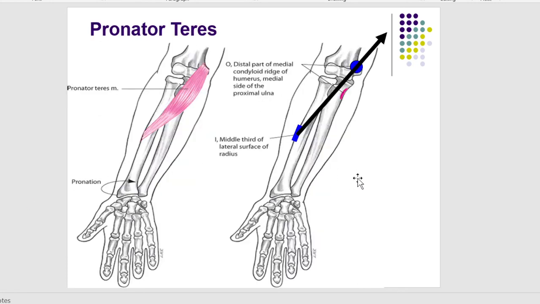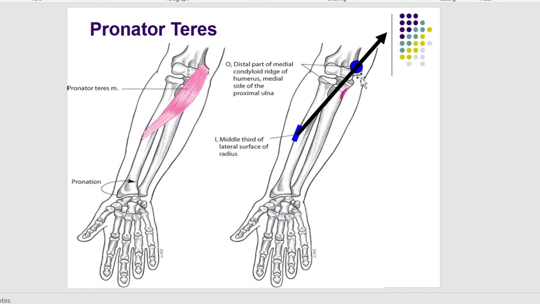Okay, so then you have your pronator teres. Your pronator teres originates from the distal part of the medial condyle ridge of the humerus and inserts in the middle third of the lateral surface of the radius. So it pronates.